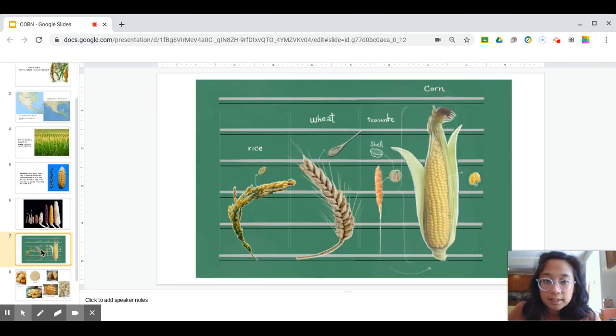I really liked this picture because it shows all of our three foods from our curriculum: rice, wheat, and corn. And corn, just like rice and wheat, like I said before, is a grass. And what I like about this picture is it shows, even though they all look very different, that they are quite similar. Especially if you look at the teosinte compared to the wheat and the rice, they look like they're in the same family.